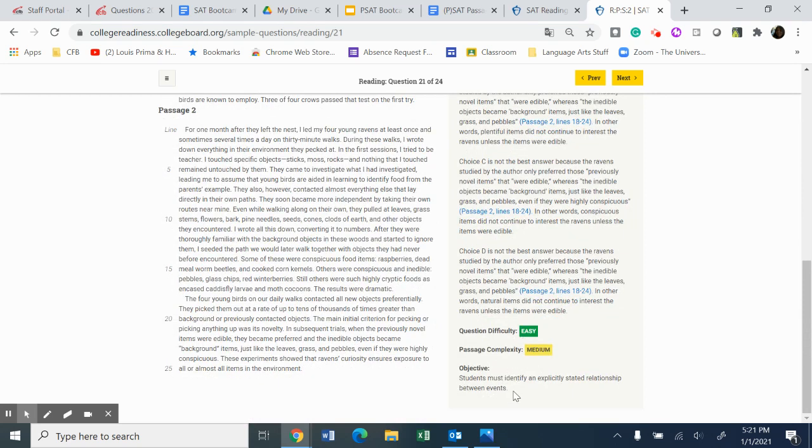And you can also see that, just like I mentioned before, this is a matter of this happened, and then this other thing happened, right? So that's why it's easy. Again, this doesn't weigh any more or any less than any other question, just because it's easy.